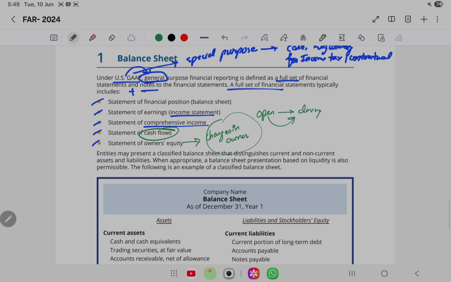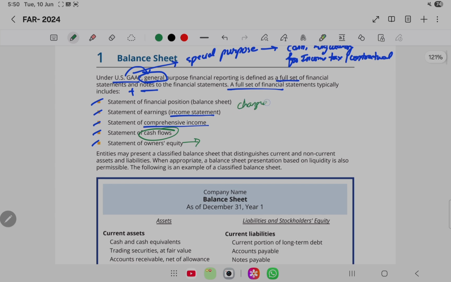The difference between the two is shown in this statement. Basically, why did the equity change? It could change due to three reasons or maybe more: changes in capital, changes in retained earnings, or the accumulated OCI.